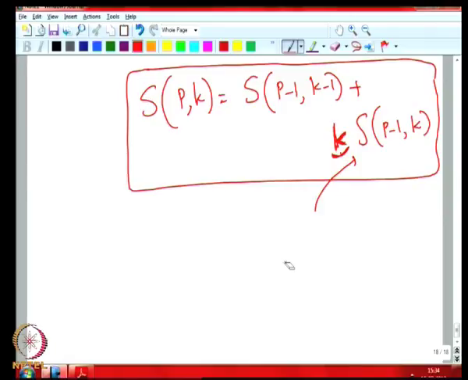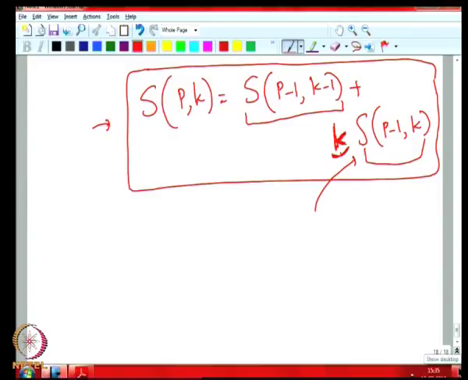If P comes as a singleton set, without it we have this many possible ways of putting the remaining P minus 1 things into k minus 1 boxes such that none of them is empty. And if P always has to be with something else, then we can take P minus 1 things and put them into k boxes which are indistinguishable. That can be done in this way, and insert P in k ways. This is what it is.